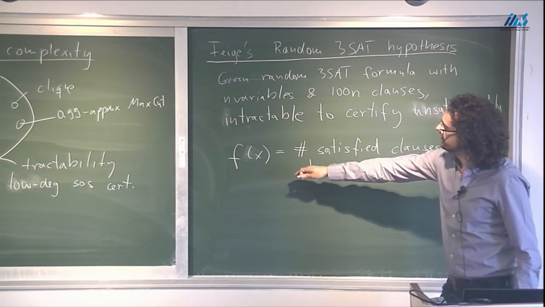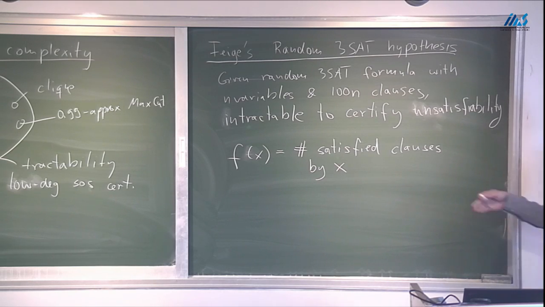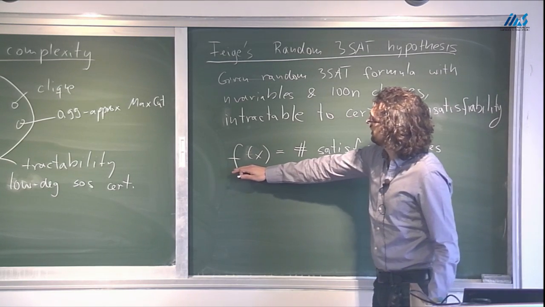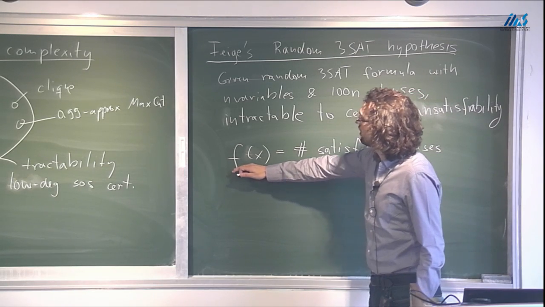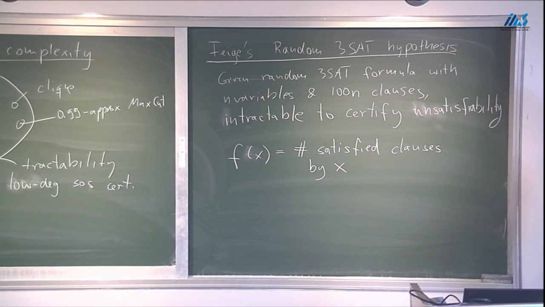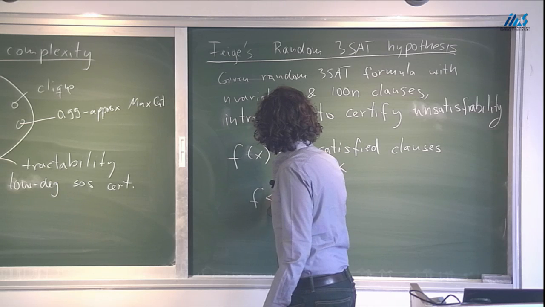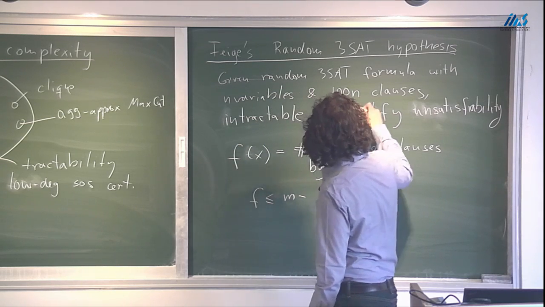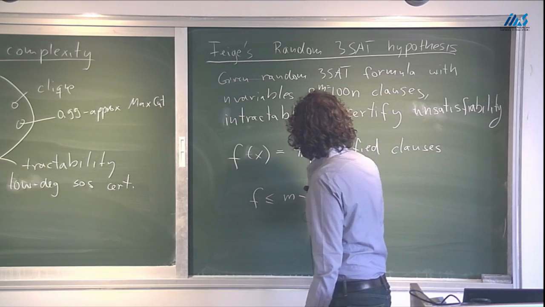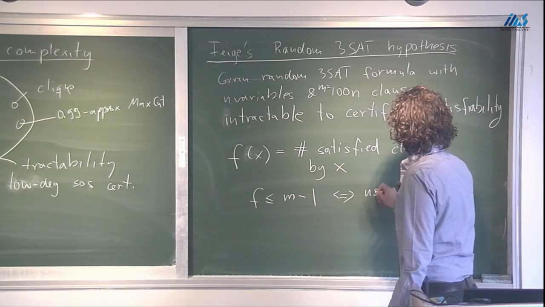Now we can ask, is there a sum of squares certificate that this function is always smaller than the number of clauses, say smaller than the number of clauses minus 1? This is equivalent to saying that the formula is unsatisfiable.